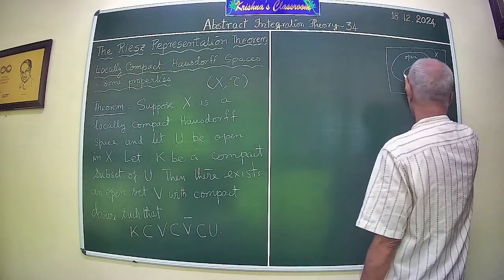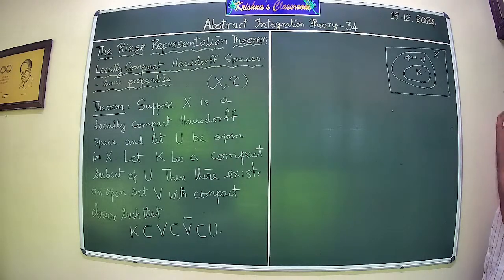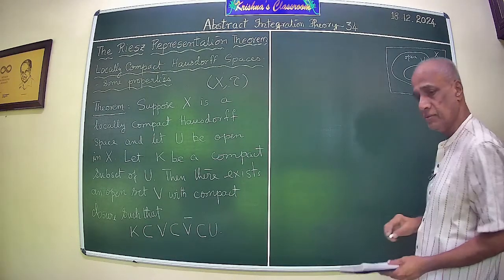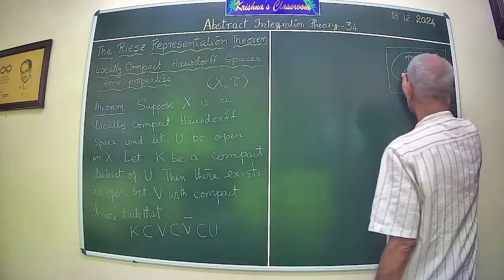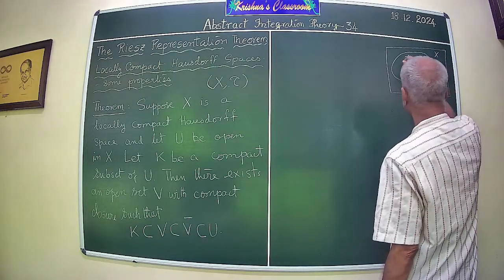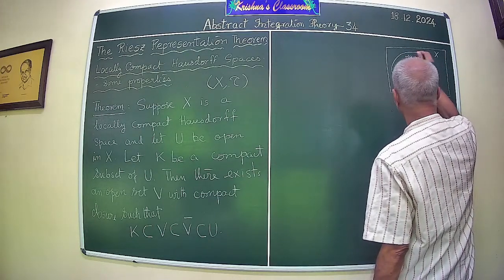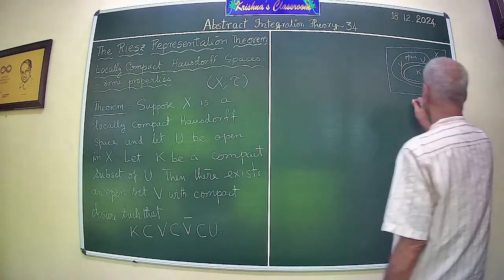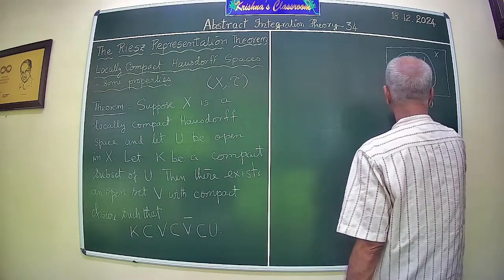Now there is a compact set K which is contained in U. Then what we assert is that there exists an open set V such that its closure, V closure, is naturally contained in U.